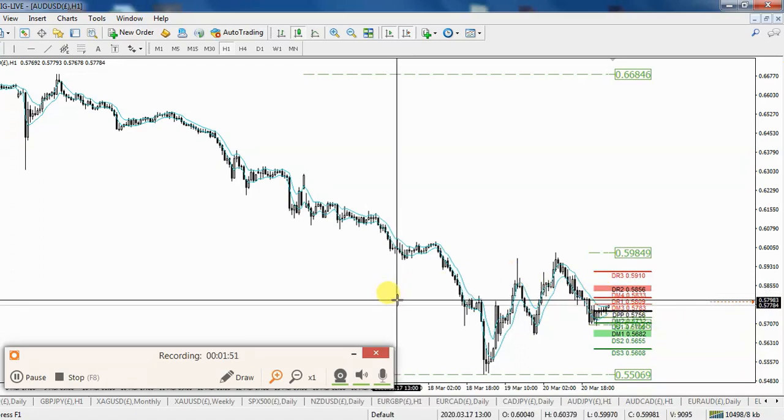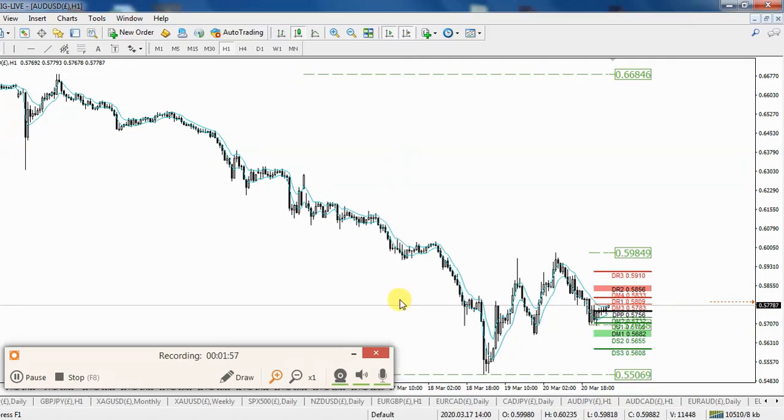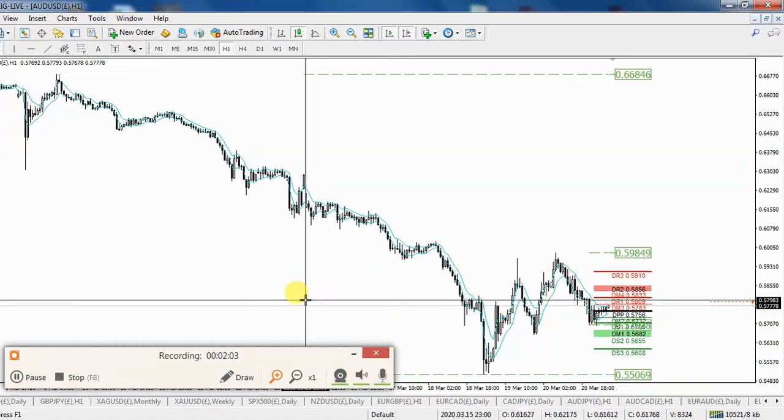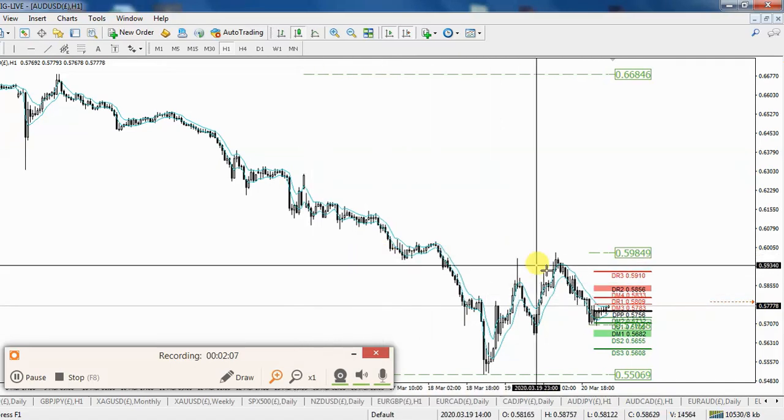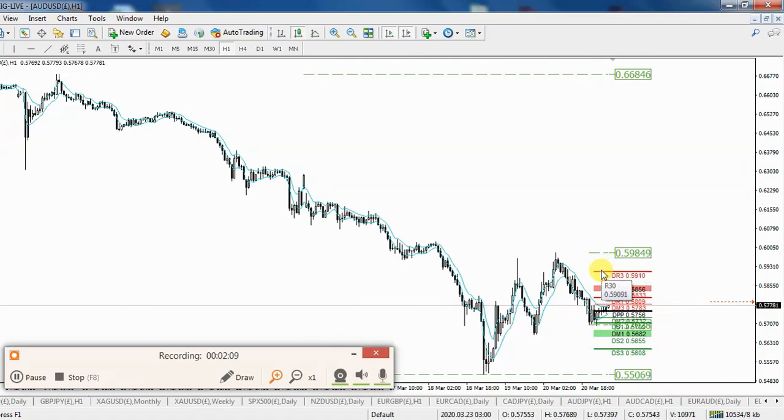So this will be the first entry, and for the second one I need to reanalyze and see if there's going to be any potential trade for this one. But for now, we'll be looking for around 57.95 area if the price comes up and sets up.